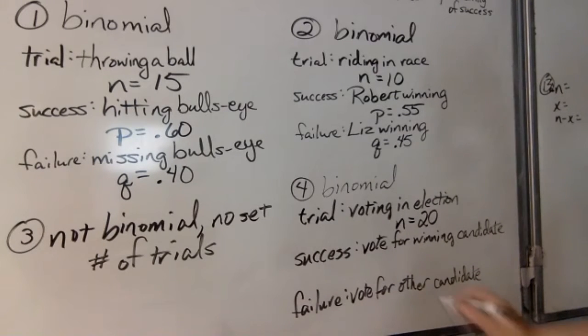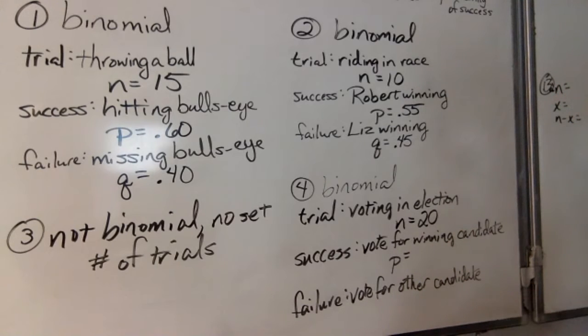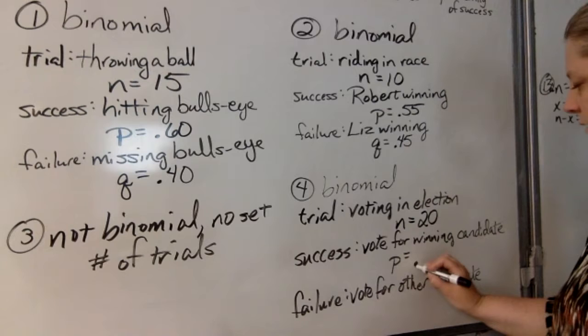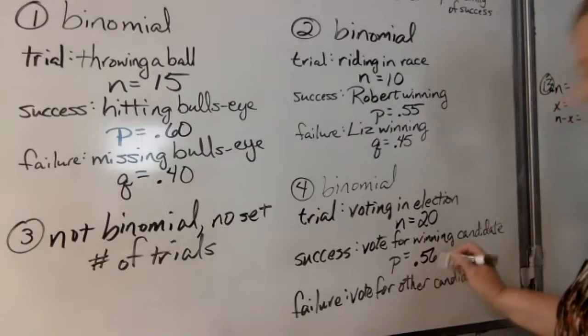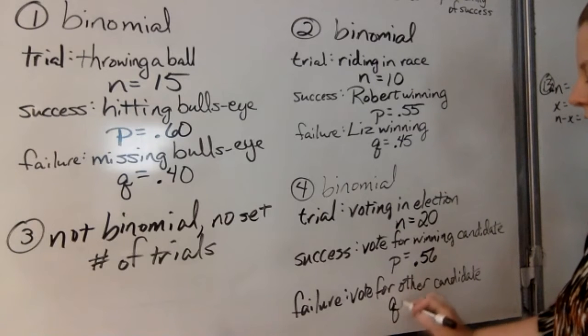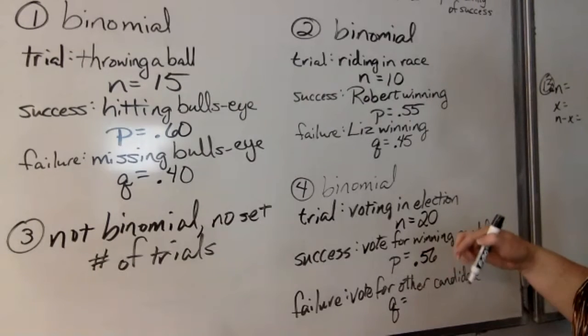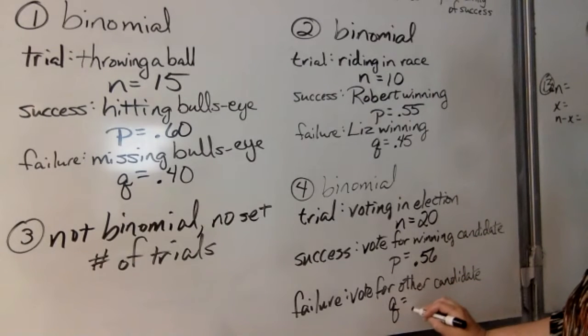Okay, now, what was the probability of them voting for the winning candidate? What was the percentage they gave us? 56. So it's 0.56, because you just changed the percent to a decimal. So the vote for the other candidate, your failure probability, you take this from 100 minus 56 is 44.